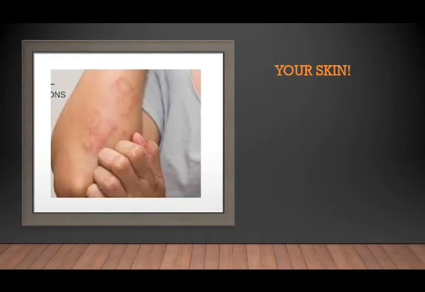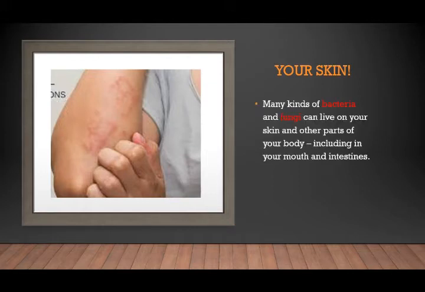Oh, be careful. Do you know that your skin can be a habitat for other living things? Many kinds of bacteria and fungi can live on your skin and other parts of your body, including in your mouth and intestines. Some of them can make us sick, but the others are harmless.